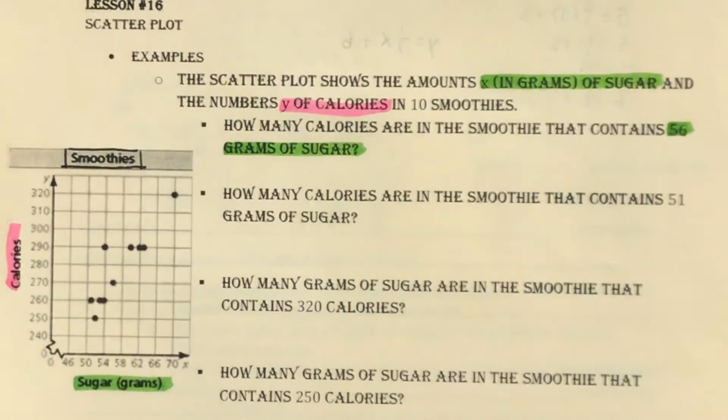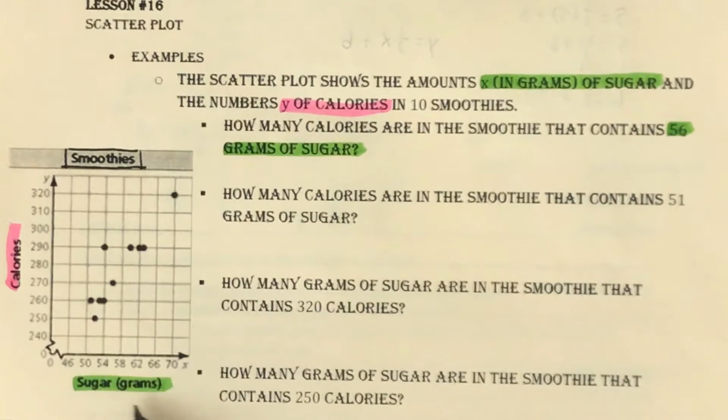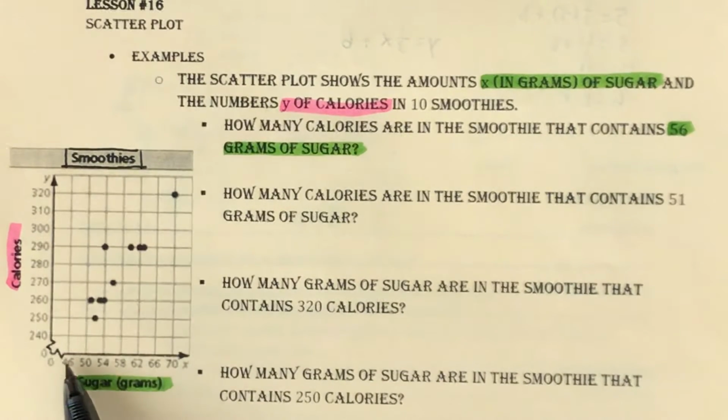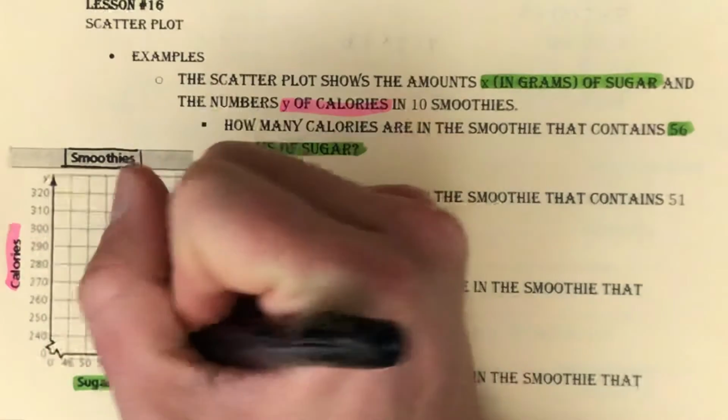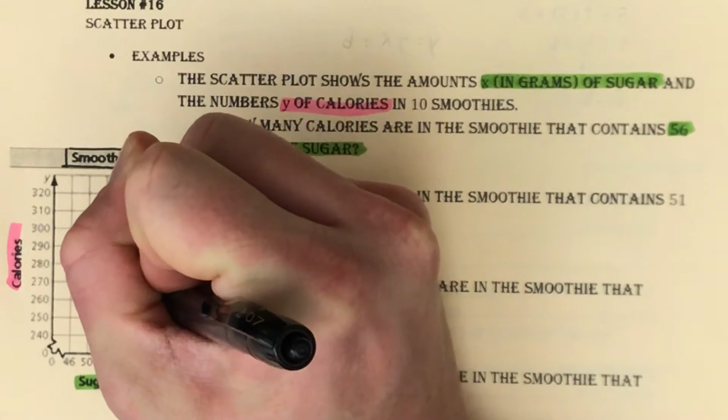In order to figure that out, I need to come over to my x-axis, because that's what deals with grams of sugar, and I need to get to 56. Well, 56 isn't labeled, but I know that it's going to be directly in the middle between 54 and 58. So I'm going to come here. And then I need to move up until I hit the dot, which represents that smoothie. As I start to move up here, I finally hit that dot right here.